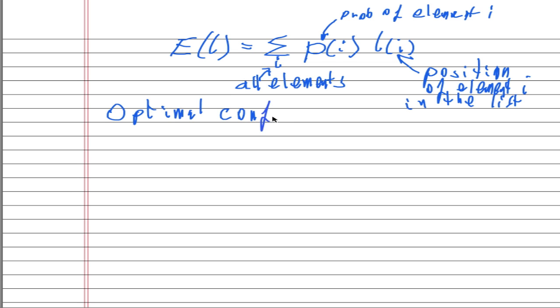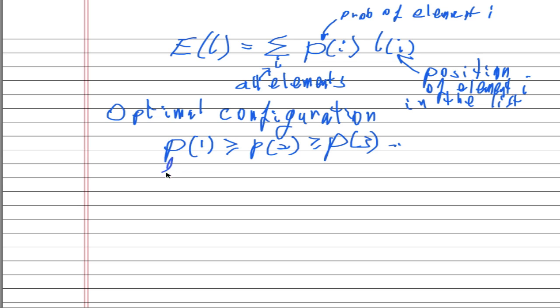So the ideal, or optimal, configuration is to do that if, let's say, P1 is larger or equal to P2, larger or equal to P3 and so on, then we want L, the position, to be the same way.